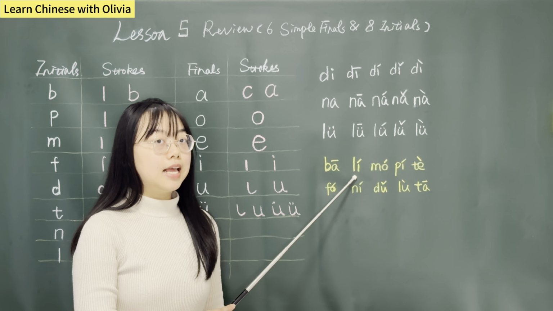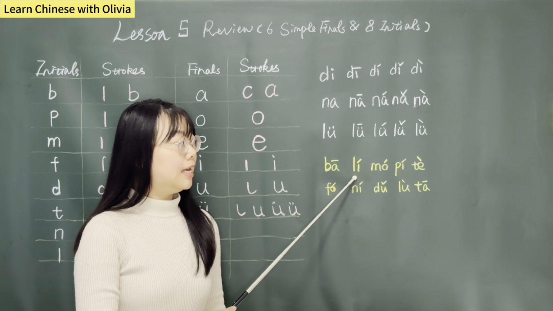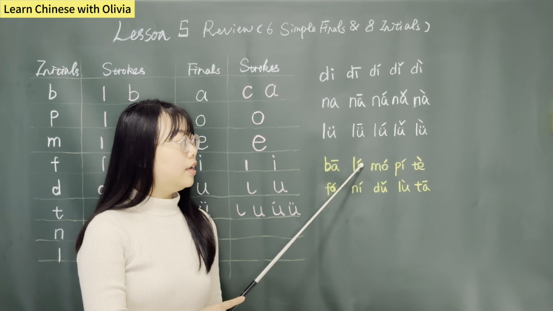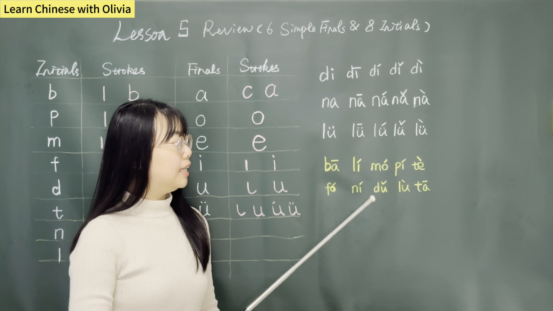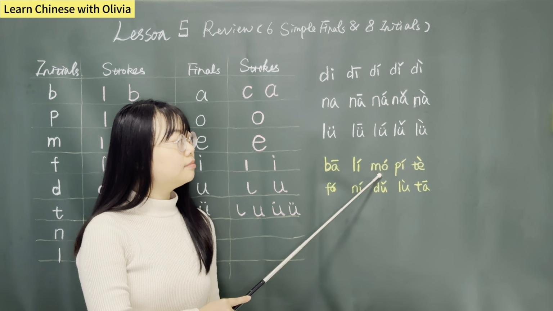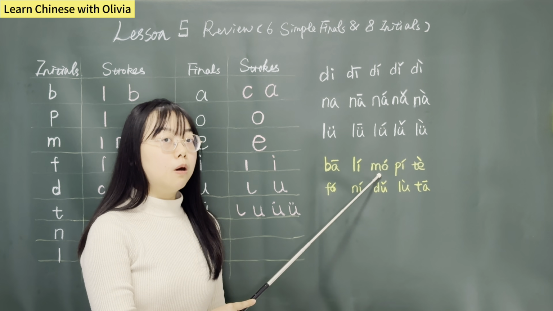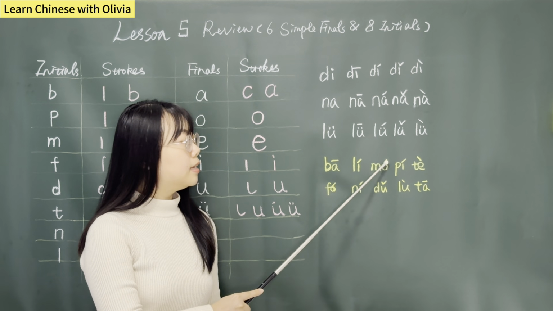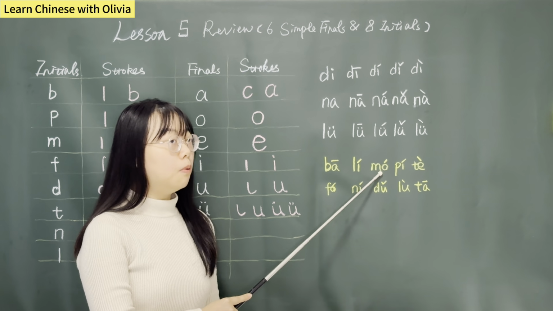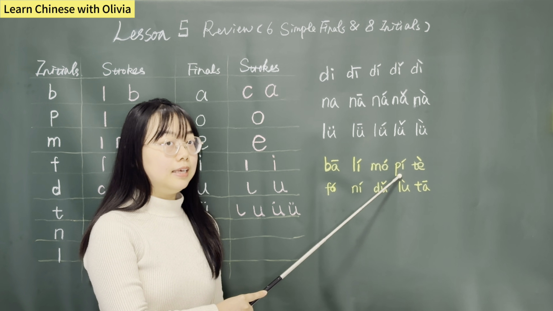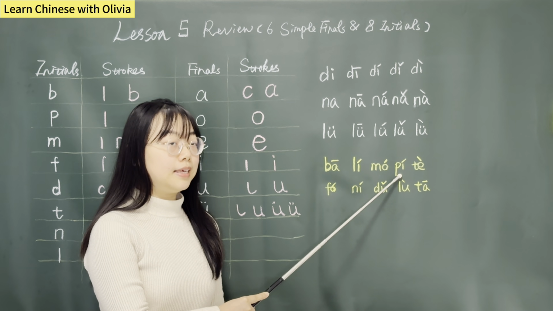The next one, le, i, li. The tone is rising. Li, li. Next one, mo, o, mo. Still rising. Mo, mo. Po, i, pi.